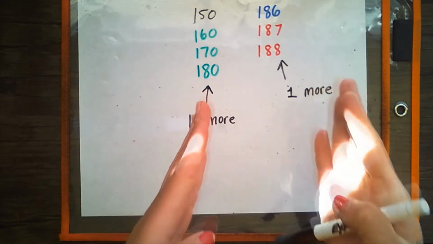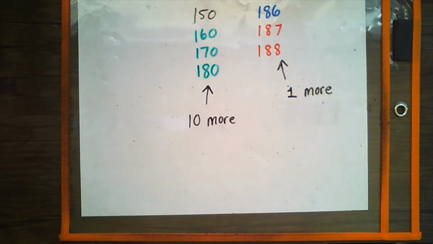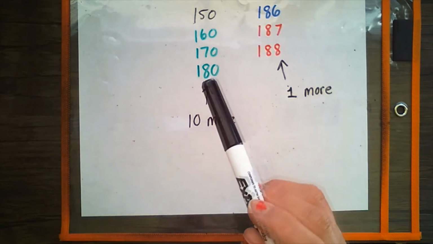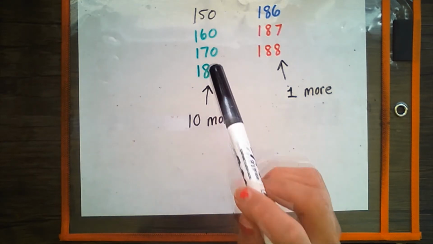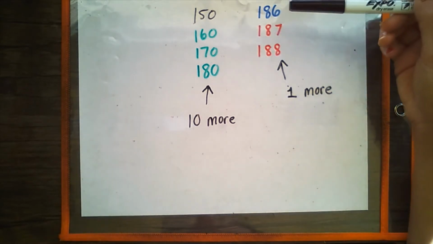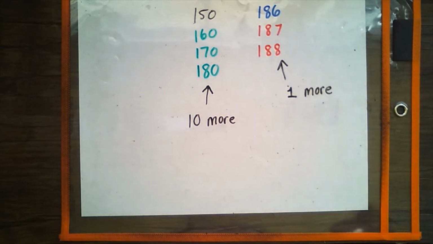The numbers in both lists grow by 1 each time. In this list, the tens are growing by 1 ten as you go down. In this list, it's growing by 1 one each time you go down the list.